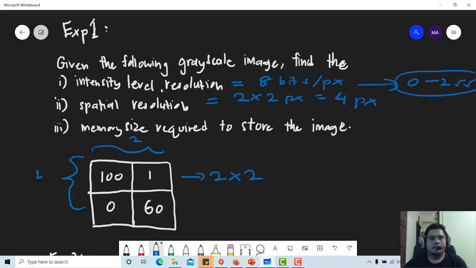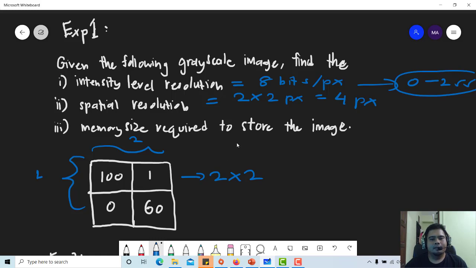That is the spatial resolution. Intensity is about the range or level of color. The spatial resolution is about how many blocks, or squares, or pixels there are.